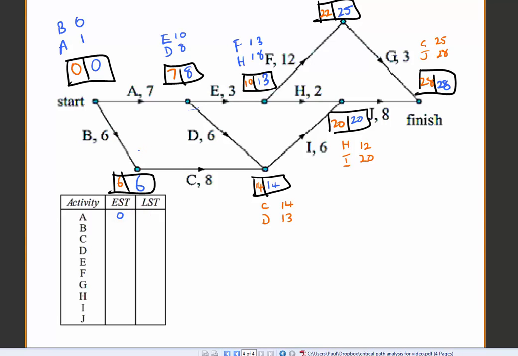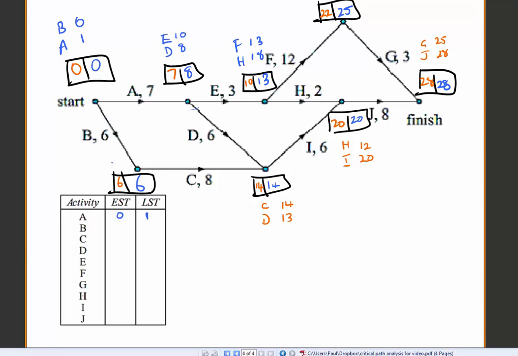So again, you've seen me make a little bit of a mistake, and a pretty impulsive one there. Earliest start time of A is 0, but the latest start time, remember, is given to us by using this value here, which is the latest start time of tasks E and D. We go 8 take 7, latest start time of A is 1. It has some float or slack time.